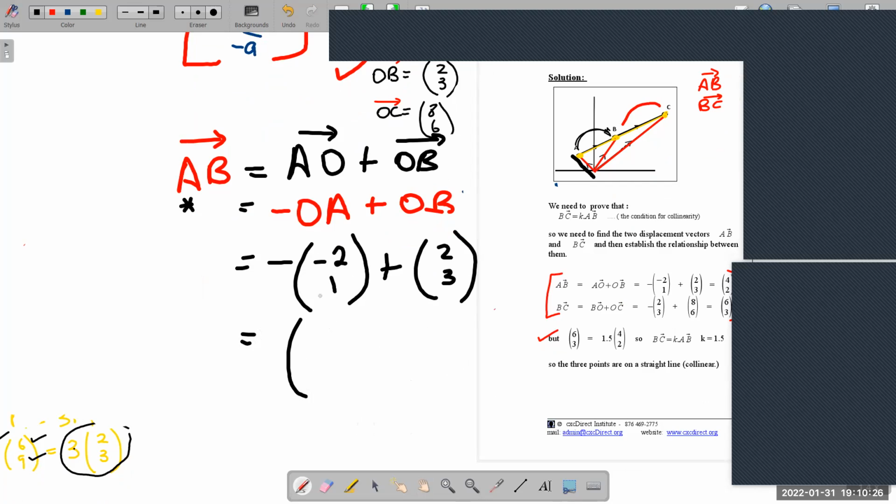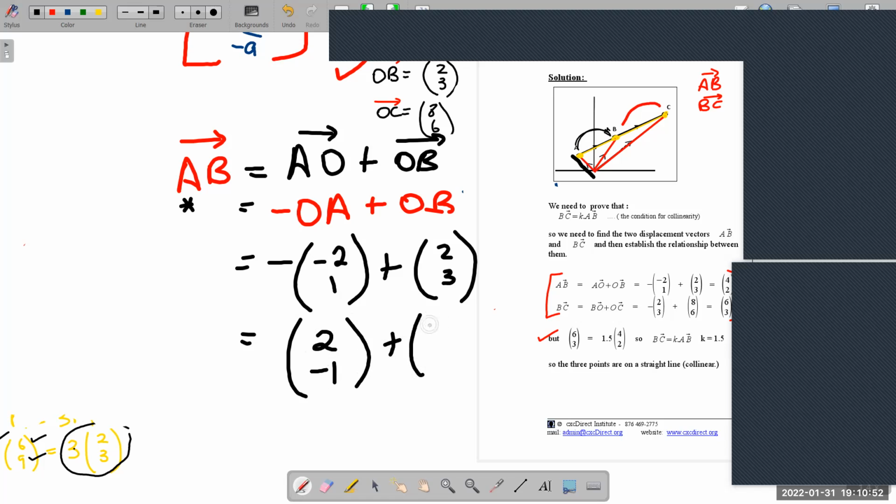Remember, there is no number in front, so the only thing that can change is the sign. So it's just going to become +2. But what is going to happen to the 1? If I multiply 1 by a negative sign, it's just going to become -1.